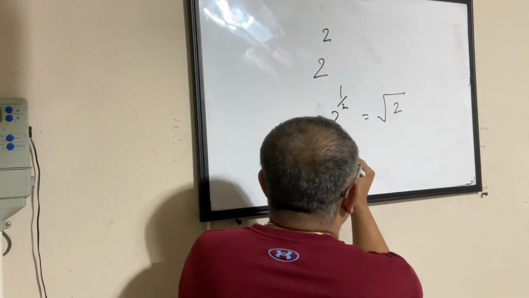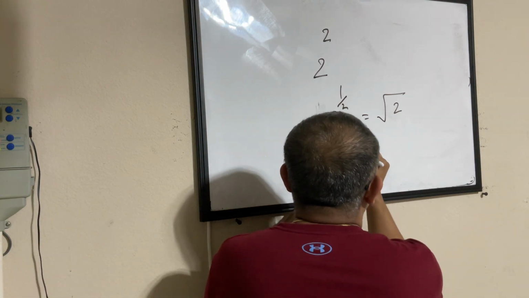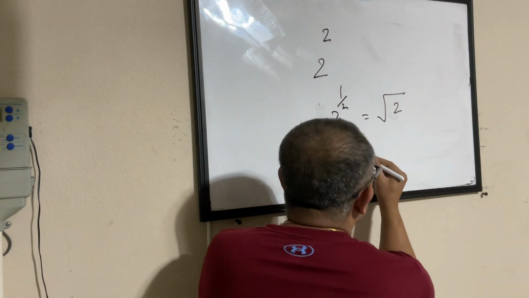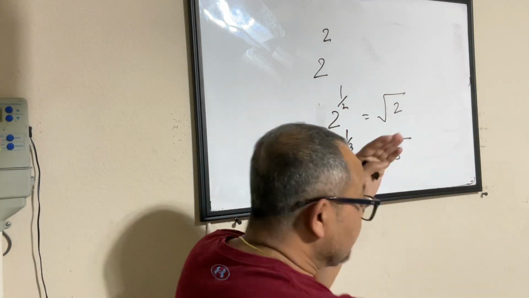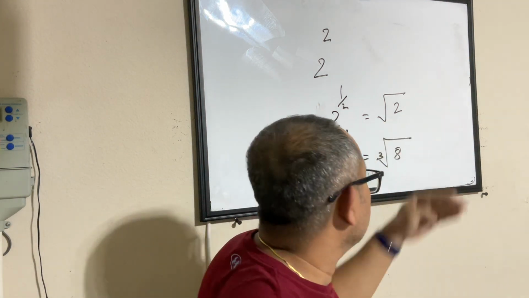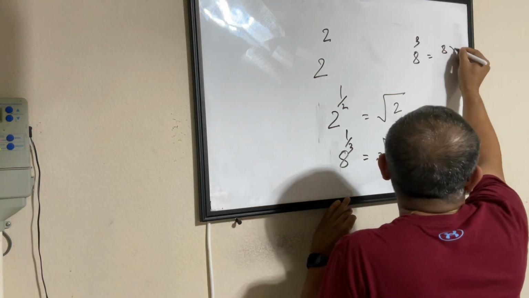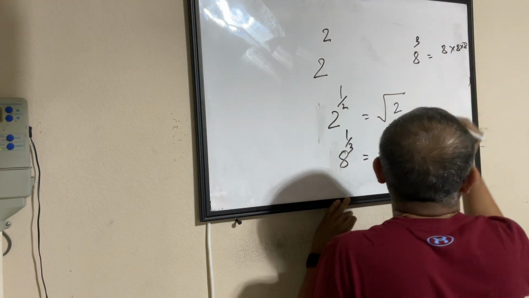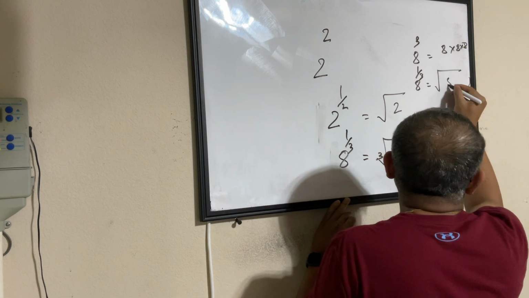If I say 8 to the power 1 by 3, it is nothing but another way of representing cube root of 8. It's the reverse of the exponent power. So if I say 8 to the power 3, I am saying 8 into 8 into 8. If I say 8 to the power 1 by 3, I am saying cube root of 8.